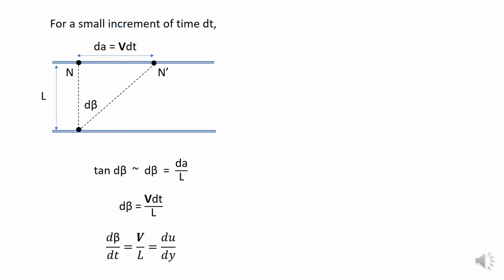Now in the previous case, in Newton's experiment, we defined shear stress as equal to mu into du by dy. So from the new relation we can define that as equal to mu into d beta divided by dt. What is d beta? Shear strain. So d beta divided by dt is the rate of shear strain.